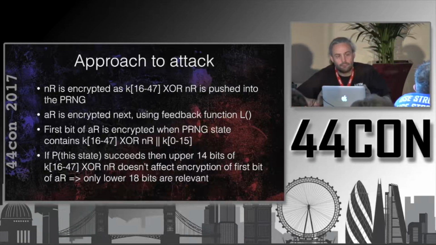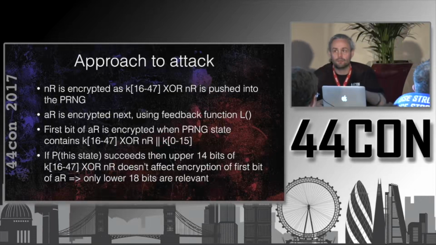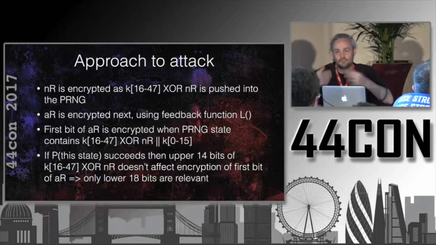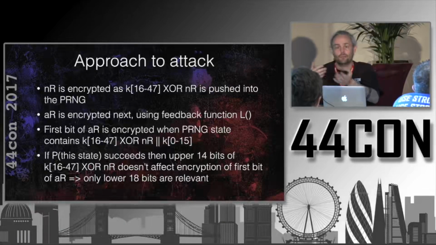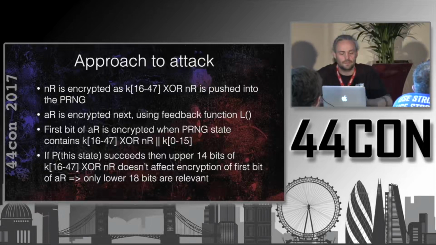So if we were looking at the encryption of the first bit of the challenge response, and that state there was one of these states where the upper 14 bits don't matter, and we were trying to guess that state, well then we'd only have to guess the lower 34 bits of that state, because the upper 14 bits wouldn't matter because it's already in this position where whatever they are, you're still going to get a 0 or 1 based on what the lower 34 bits say.